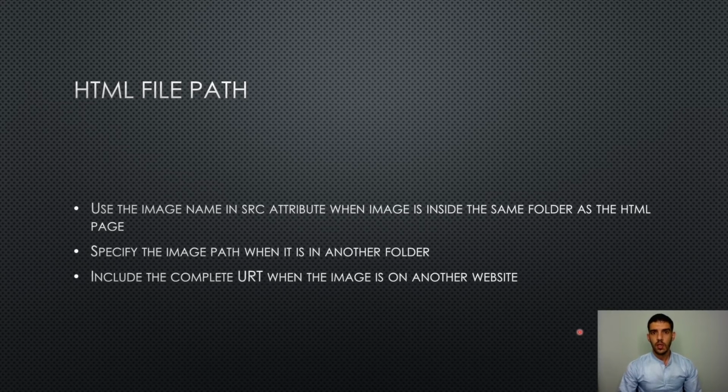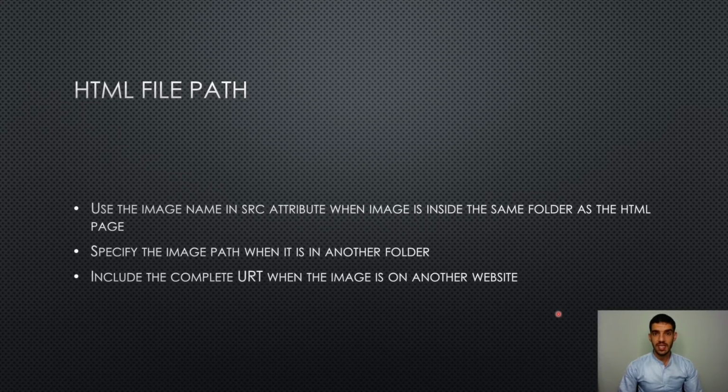Sometimes when you are going to include an image, it could be in the same place that you save your web page, I mean the same folder. Or it could be in another folder. So if it is in another folder, you need to tell where that image is exactly. Otherwise, no image will be shown in the browser.